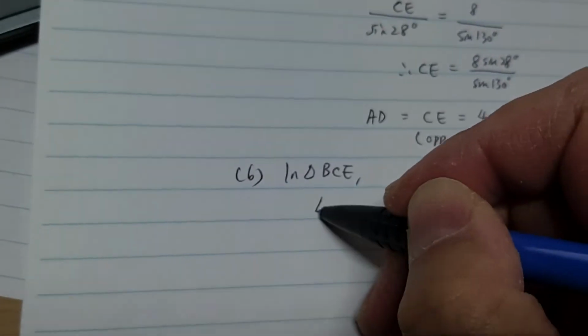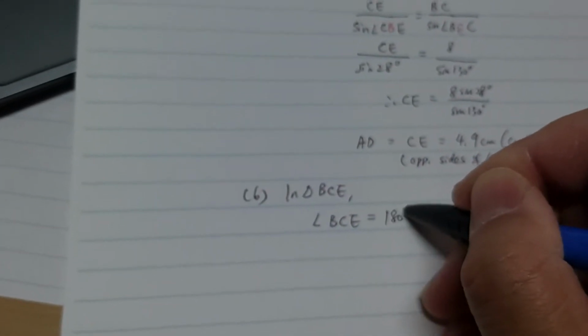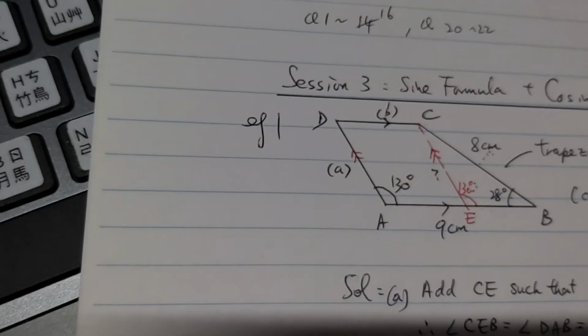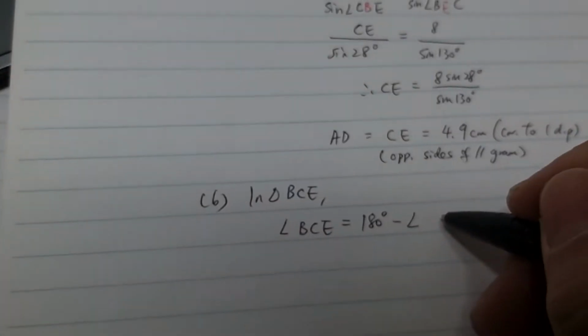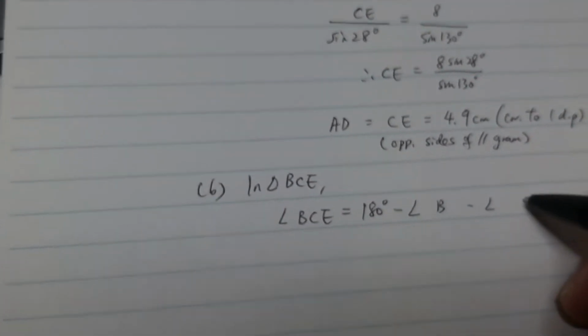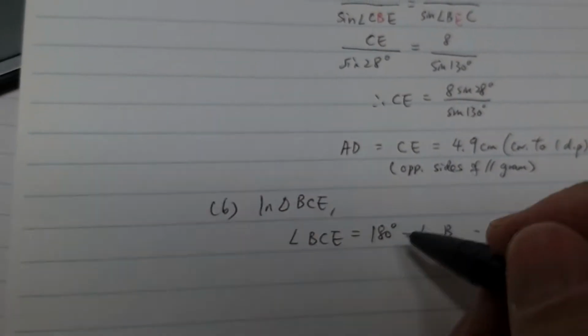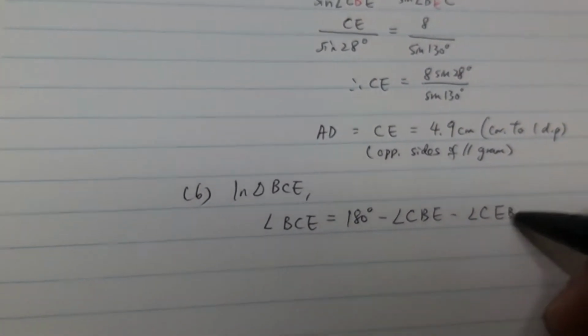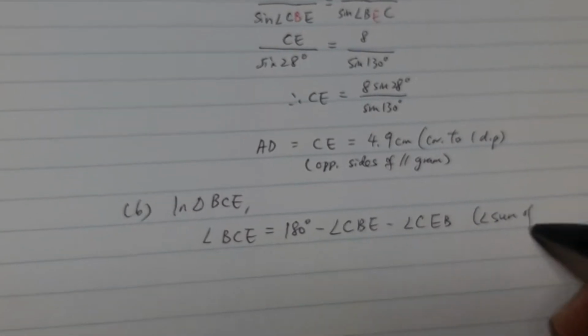In triangle BCE, angle BCE is equal to 180 degrees minus angle CBE and angle CEB, by the angle sum of a triangle.